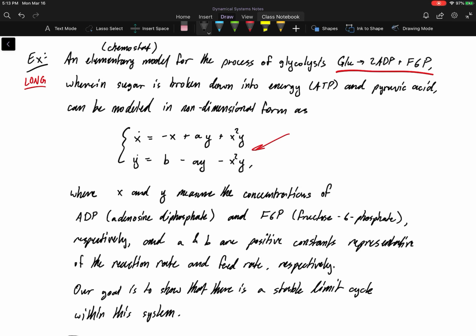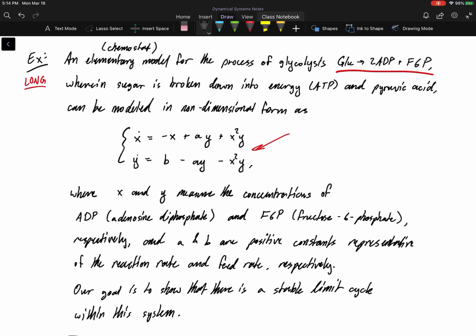So this is one step in going from glucose to ATP and pyruvic acid, or at least the pyruvate ion, or polyatomic ion. And A and B from this system of equations are both going to be positive constants, and these are going to represent kinetic rates. So they're telling us how quickly these reactions occur. The B here is actually going to represent a feed rate because we're sitting inside of a chemostat.